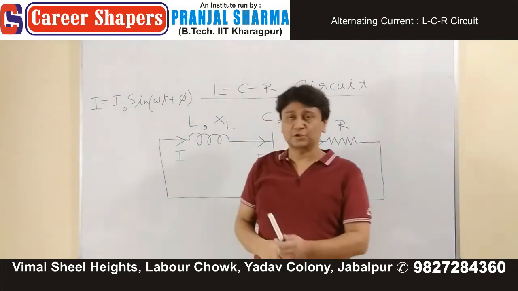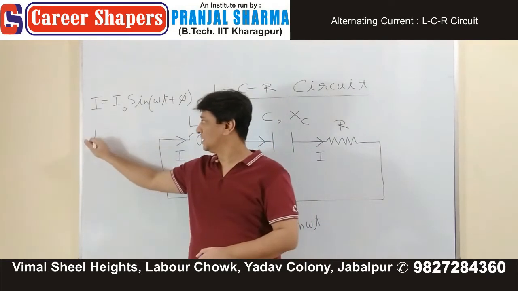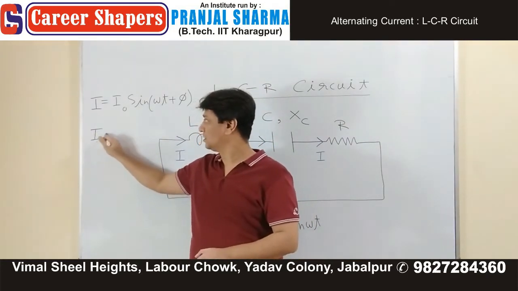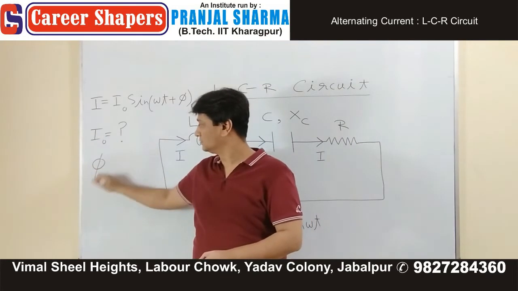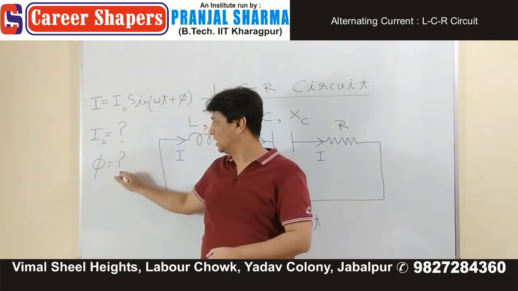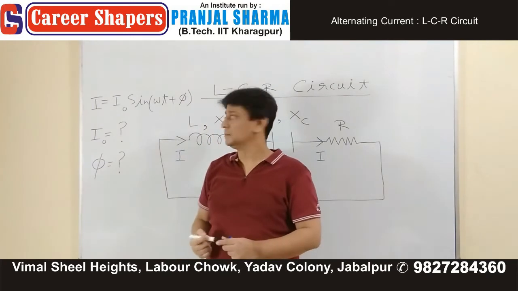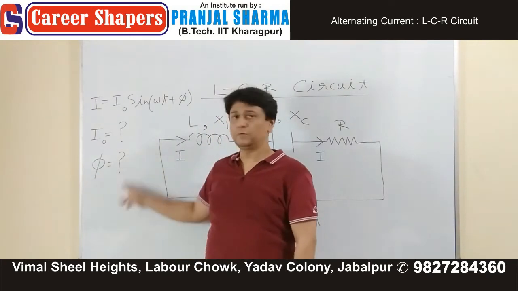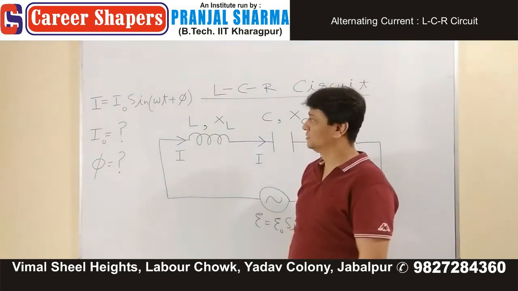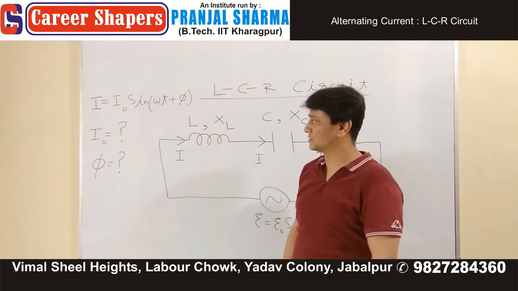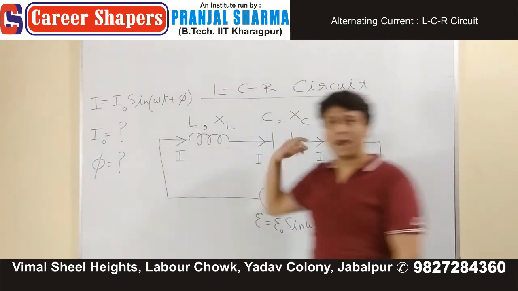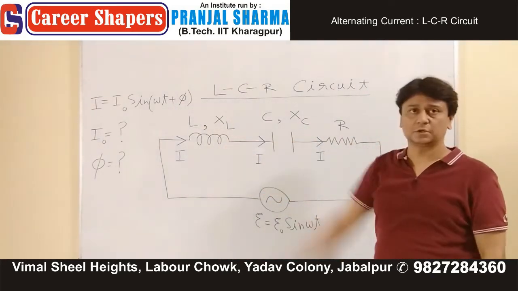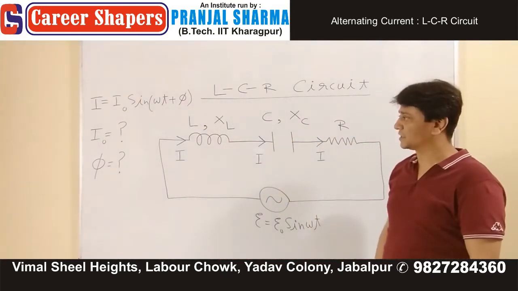Our aim is to find I naught and phi. These are the two unknowns for us. If we can find these, we know everything about an LCR circuit.